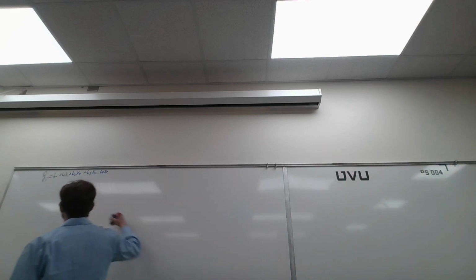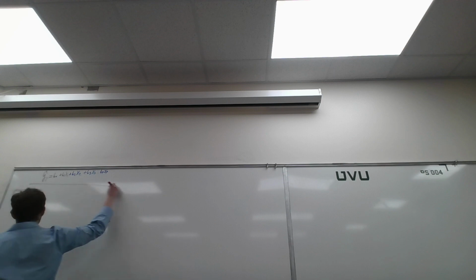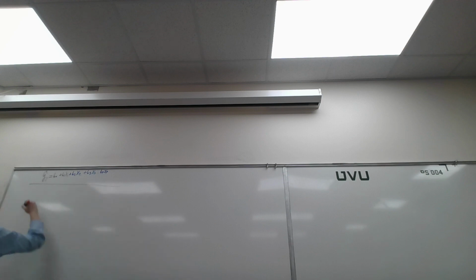To do something like this, we are now going to have a vector of y's, where every person is going to have a y. The first person, the second person, the ith person, the nth person.